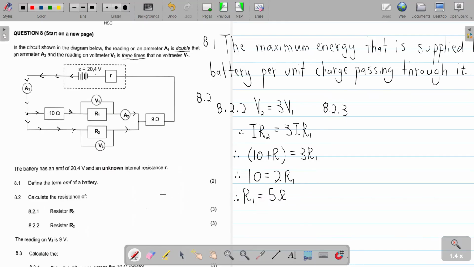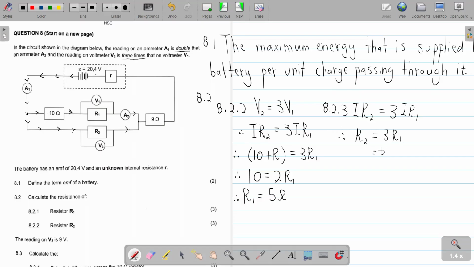Resistor R2. So R2, we can get it from here. So we cancel I on both sides. So we know that I R2 equals 3 I R1. So that means that we can cancel this, and then we have R2 equal to 3 R1.